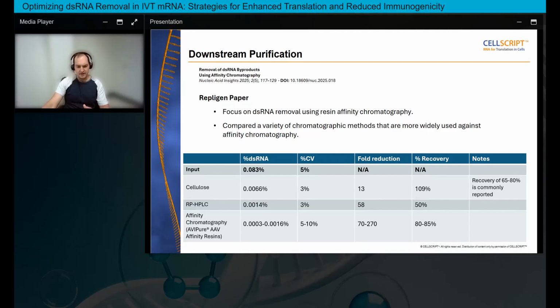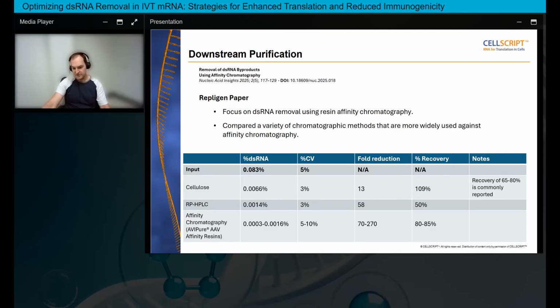His specific company focused on affinity chromatography, but they did a lot of comparison with cellulose chromatography and reverse phase HPLC, which I liked because it was able to take the same RNA and try to apply multiple different criteria to it.